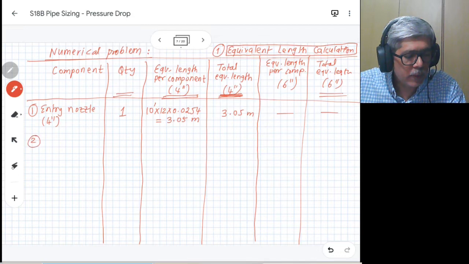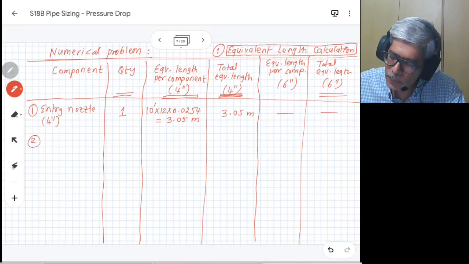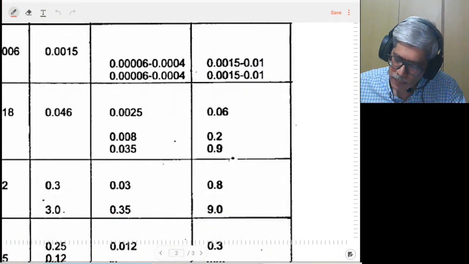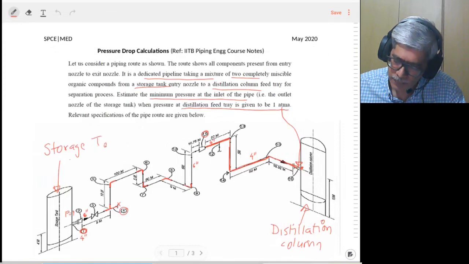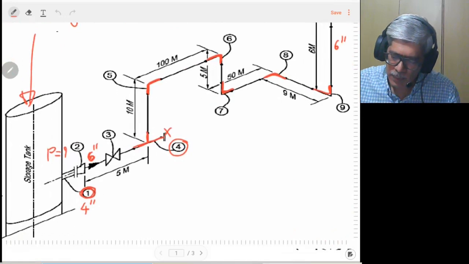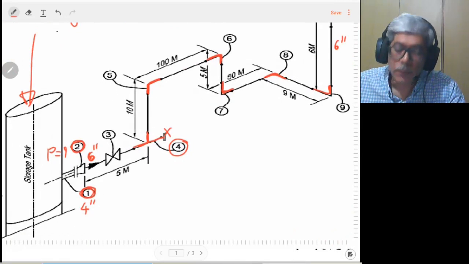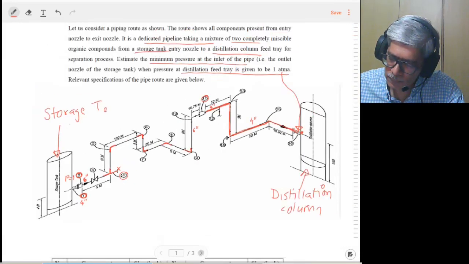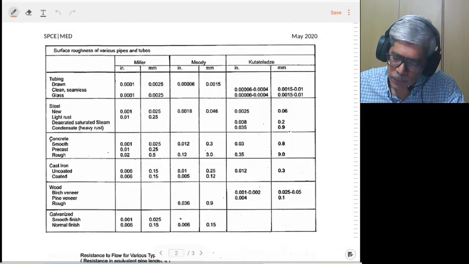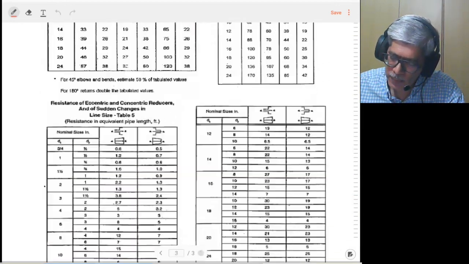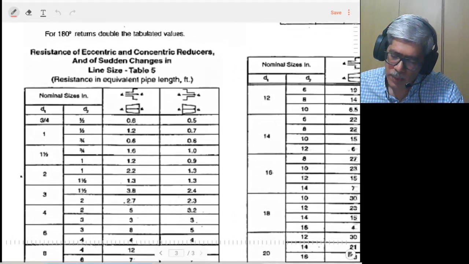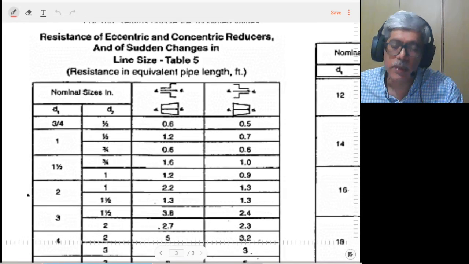The next item that we are going to consider is the expander. So the next item would be number 2, which is the expander from 4-inch to 6-inch. For this we need to calculate its equivalent length. So we have to use the table corresponding to the reducers and the expanders.